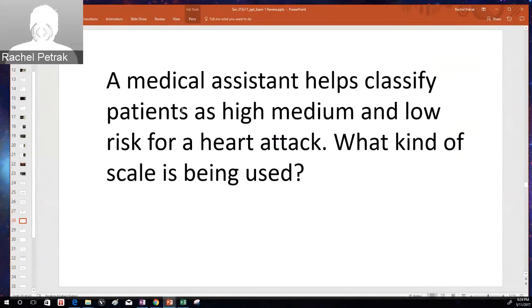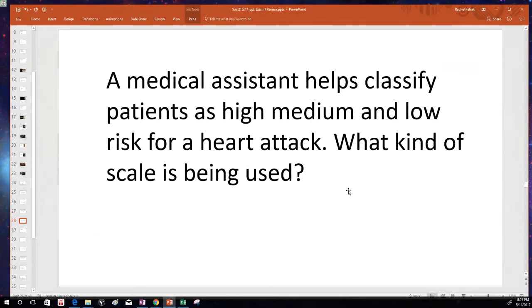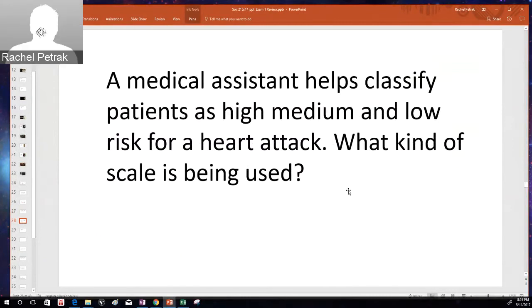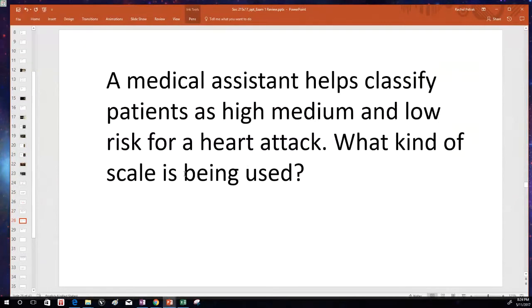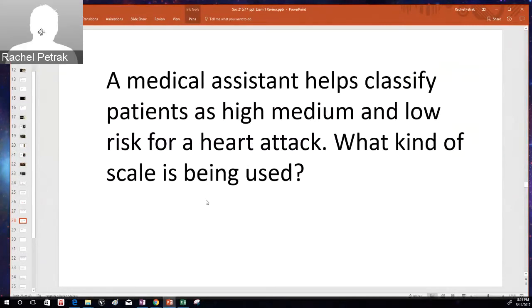Now we're looking at patients as high, medium, or low risk. What's the scale here? Let's start with, is it continuous or discrete? And the faster you make some guesses at these, the faster we get through questions.